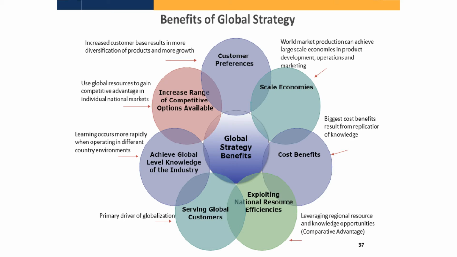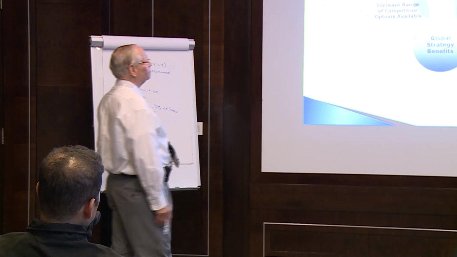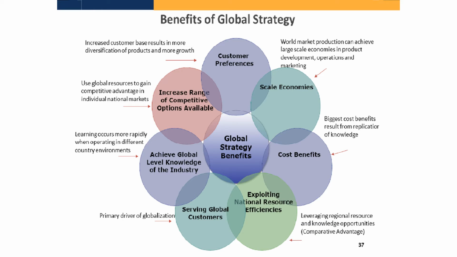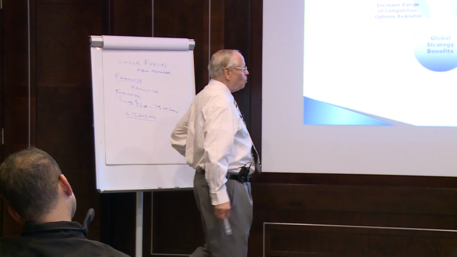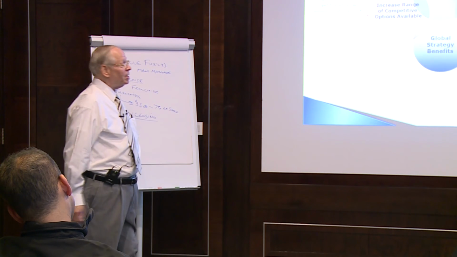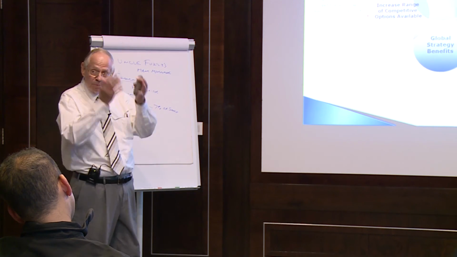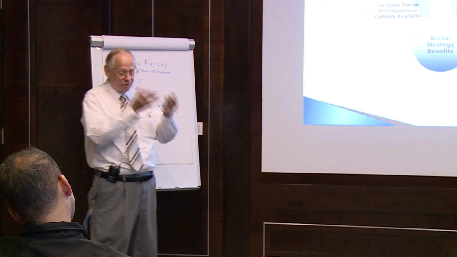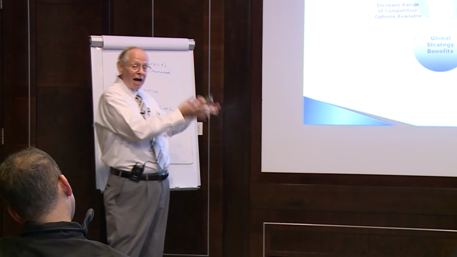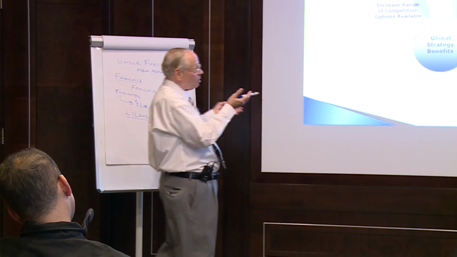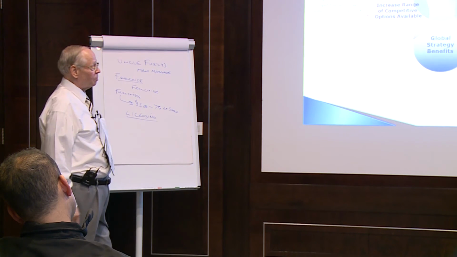Scale economies: world market production can achieve large-scale economies in product development, operations, and marketing. Cost benefits: the biggest cost benefits result from replication of knowledge. So once you build a business in one country, then you replicate that business in another country, because if one is running well, you just copy it everywhere you go. It's a big cost benefit.